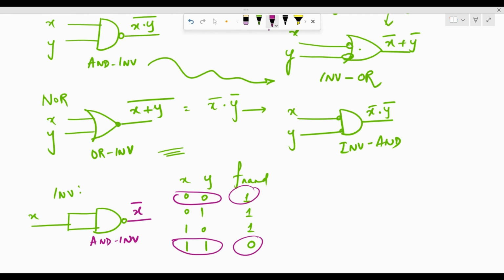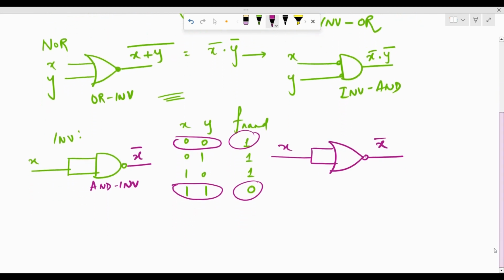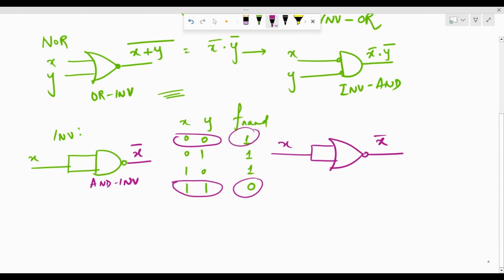In terms of NOR also, we can have the NOR gate with both the inputs the same, and then we would get the inverted version of that input at the output. We can verify this also with the truth table. If we have two inputs and this is the output of the NOR gate, the output of the NOR gate is going to be 1, 0, 0, 0.